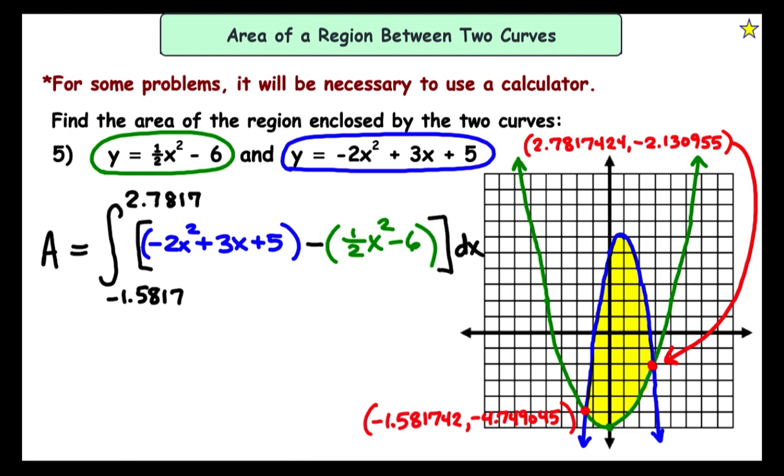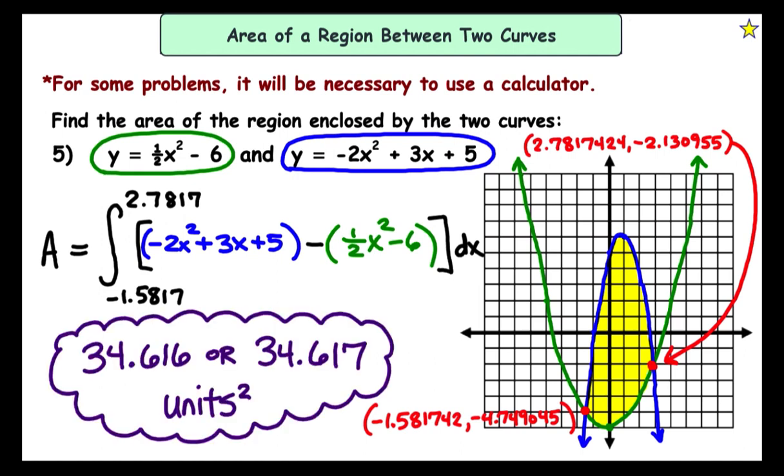So, speaking of the final answer, it comes out to 34.616979778. So we'll accept either 34.616 or 34.617 square units. Remember, College Board will allow you to either truncate, which is the 34.616, or since it's 6169, you can round up to 34.617.